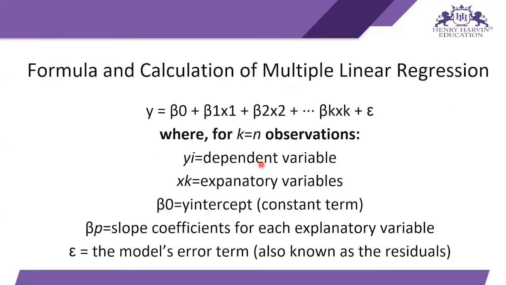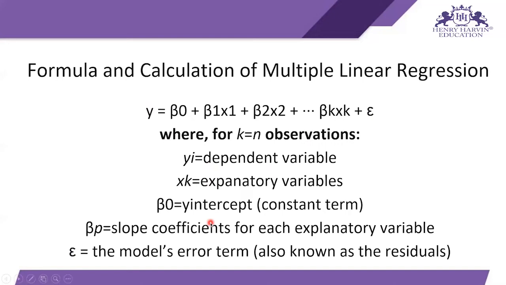Next is the formula and calculation for multiple linear regression. We have a single output where we have multiple inputs like x1, x2, and x3, and we have some constant values also, where k goes up to n, the number of observations. y is the output, the dependent variable; xk are the explanatory variables, the feature matrix, the features which we are going to provide.